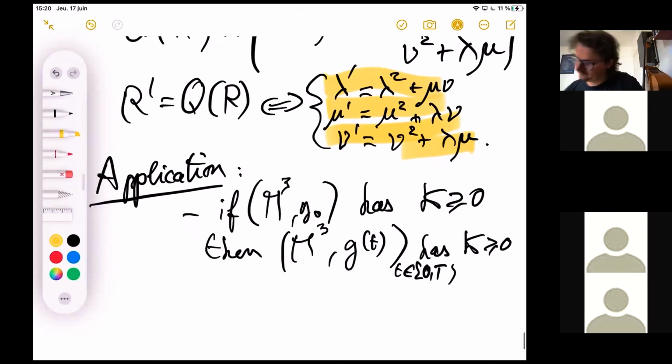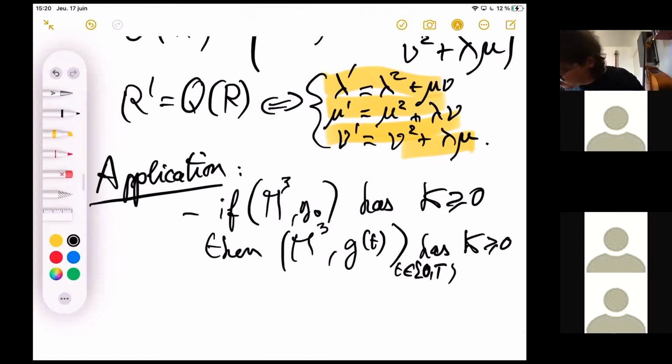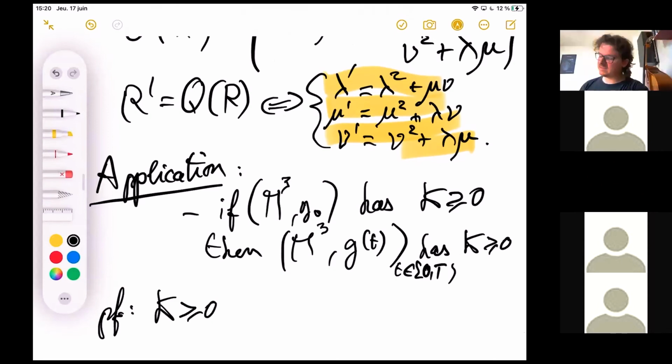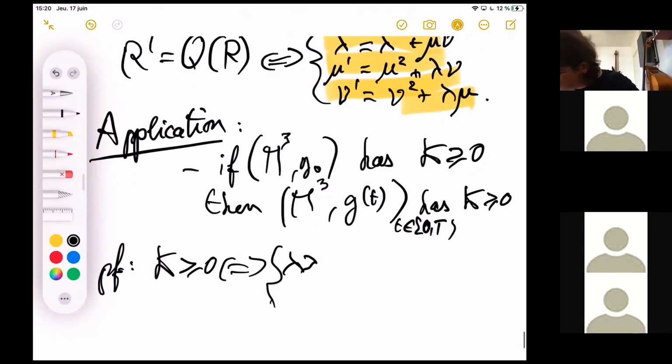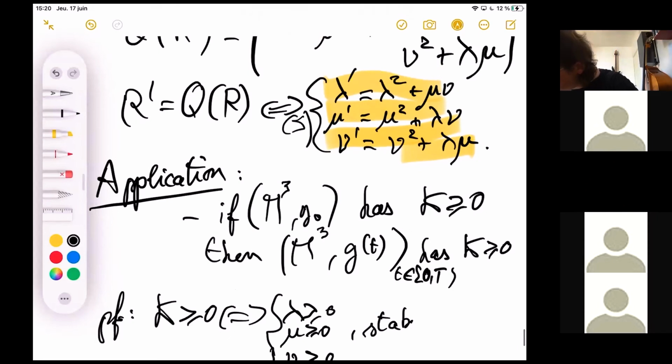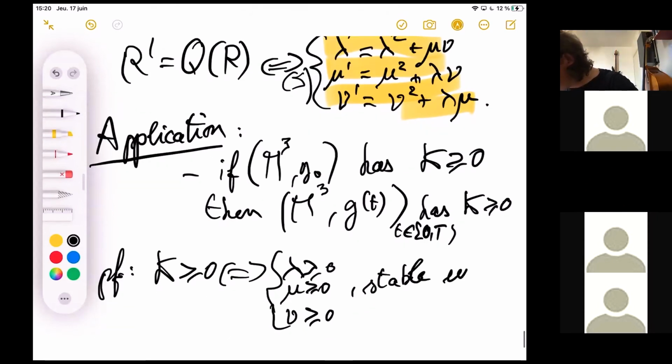So the proof is just observing that non-negative sectional curvature is equivalent to lambda greater than 0, mu greater than 0, and nu greater than 0. And this is stable. Maybe let's call this system S. This is stable under the flow of S.